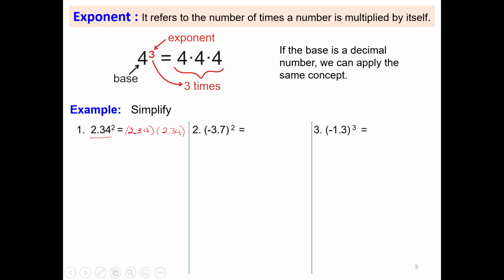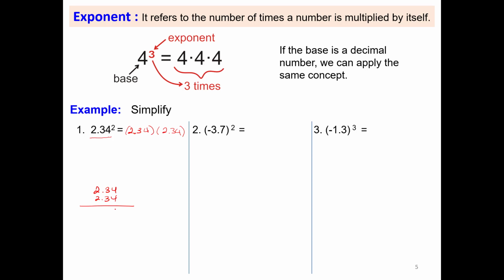Now to solve this one, we just need to multiply 2.34 times 2.34. Let's multiply these two numbers in the same way we did in the previous examples.